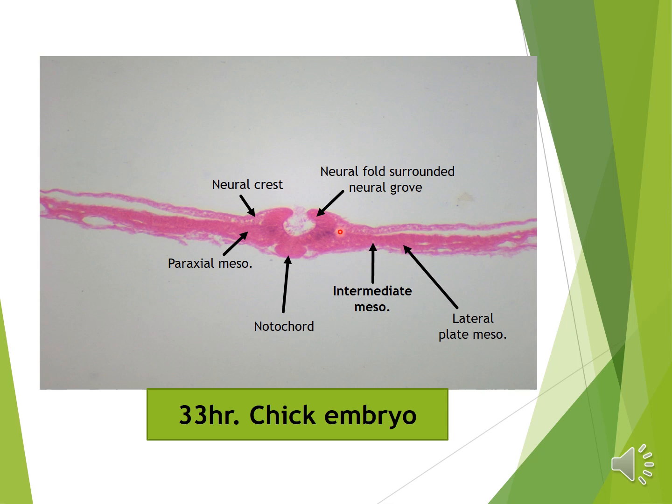They are part of the ectoderm, located below the ectoderm on each side, and contribute to the formation of structures such as the skeletal system. The neural crest gives rise to many structures and many organs.